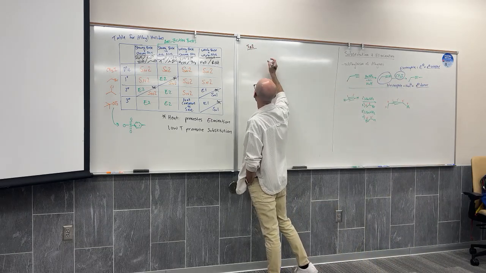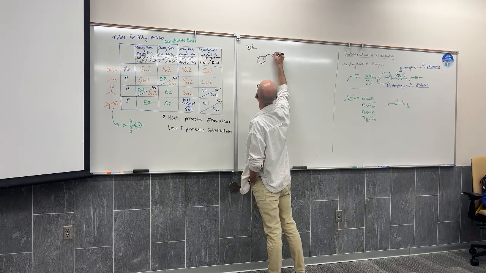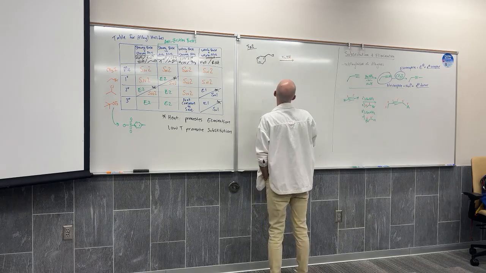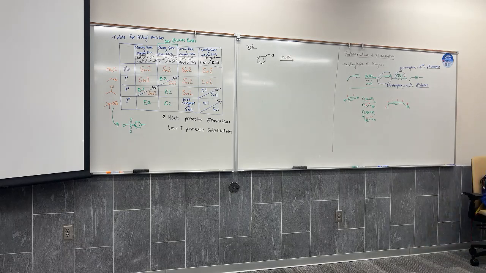So let's look at a couple of reactions. Can you tell me the regiochemistry of the alkyl halide leaving group? Primary. Good. So now I've got myself in a row.